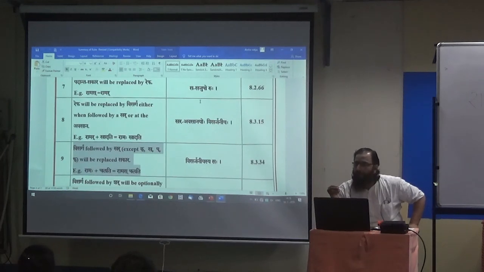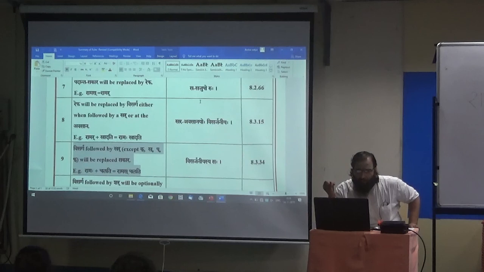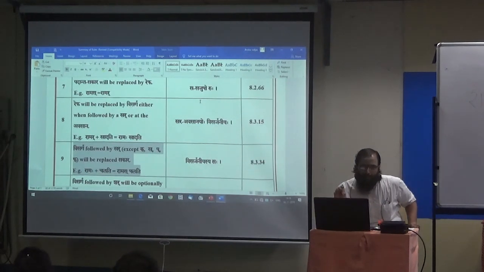For example, Ramaha, Chalati. Cha is what? Is it a Shar letter? No. It is a Khar letter. Among the Khar, it's not Ka, Kha, no. Pa, Pha. So Jihvamuliya, Upadhmaniya possibility is not there. Cha is there. What will happen if it is Cha or other letters? Visarga will become Sakara. Like in the Shar rule.